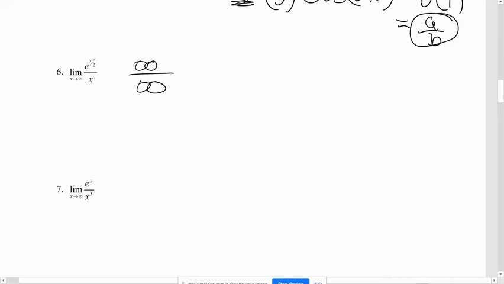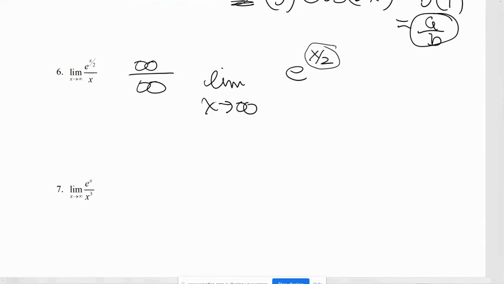So let's do the limit as x approaches infinity of the derivative of e to the x over 2, which is e to the x over 2. And then this is like the same thing as 1/2 x, right? So I got to chain rule that, so that'll give me 1/2 constant out front. And then the bottom, the derivative of that is 1.